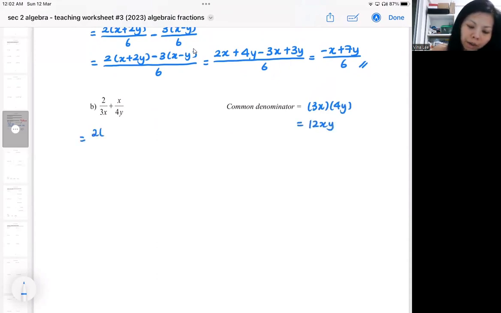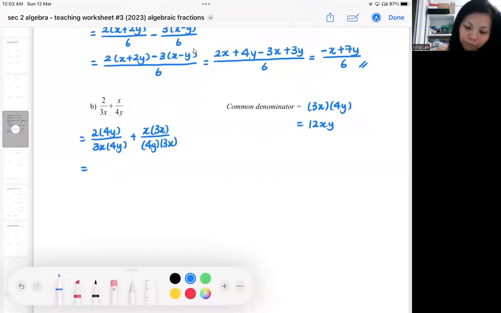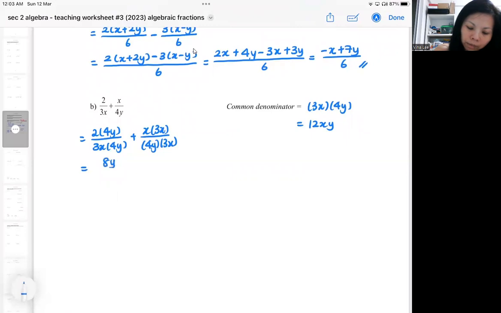So you multiply by 4y for the first one, and multiply by 3x for the second one. So eventually you will get 8y over 12xy.